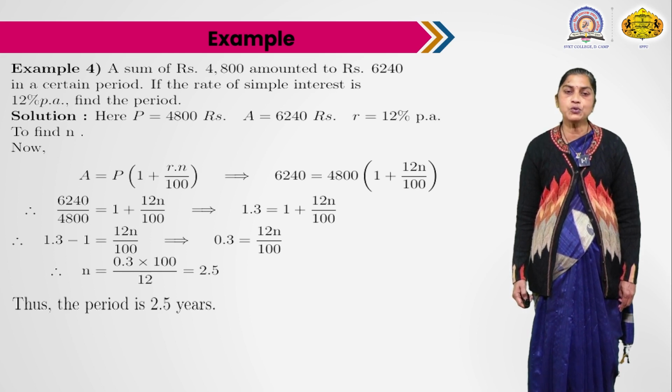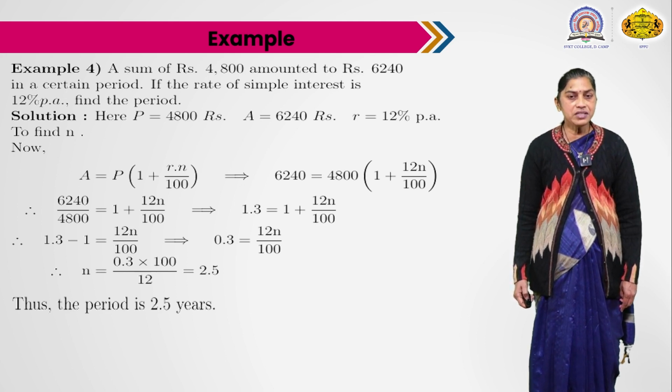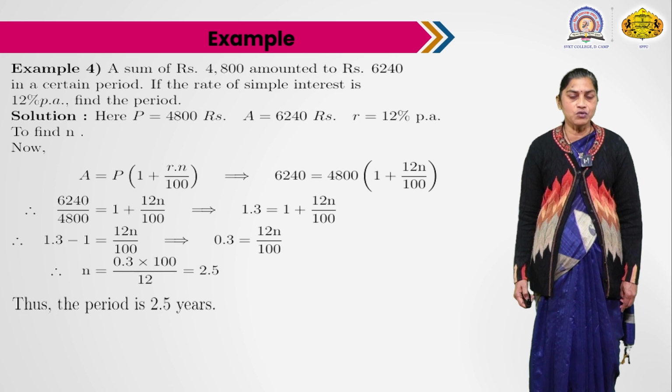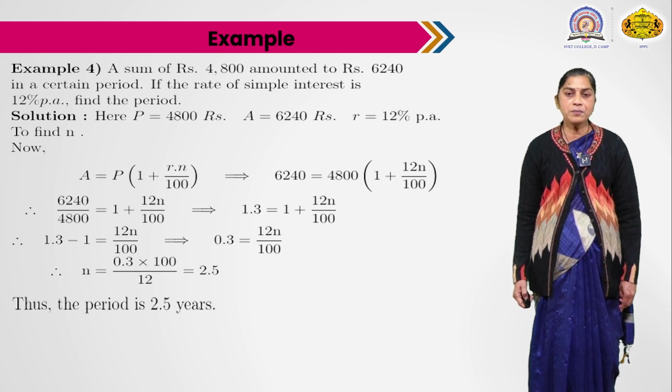Now substitute the given values. A is given to be 6,240 and P is given to be 4,800. So we have 6,240 is equal to 4,800 into bracket 1 plus 12n upon 100.